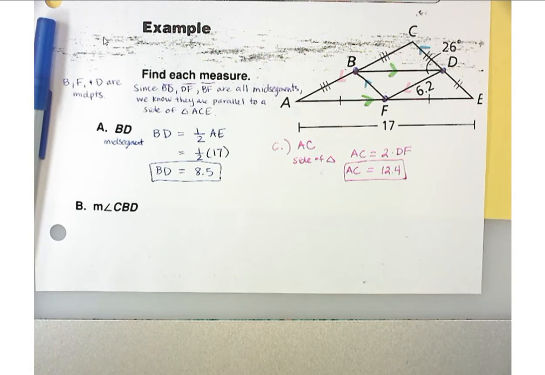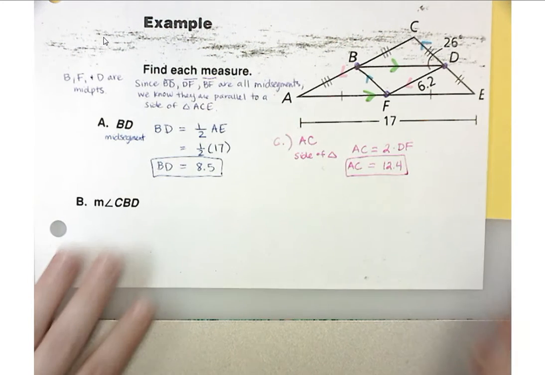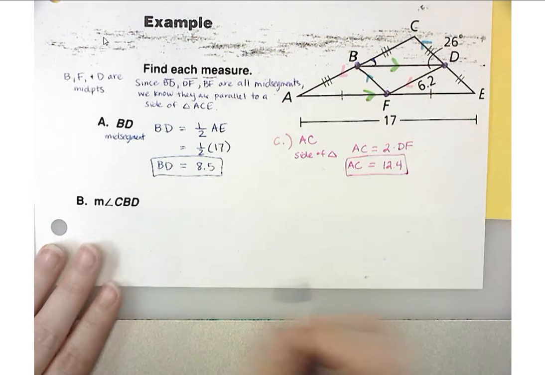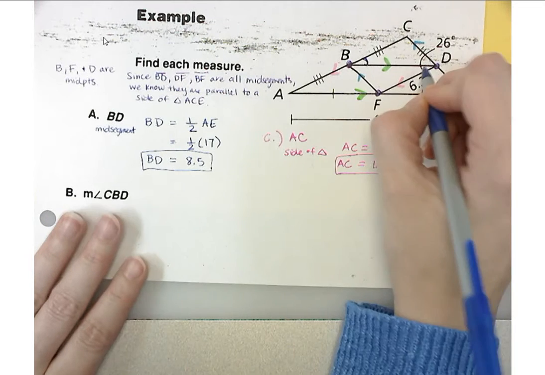Now for the last part, you have to keep in mind what happens with parallel lines. Whenever you have parallel lines, what special angles are formed? Yes, and they're congruent if they are alternate interior angles.